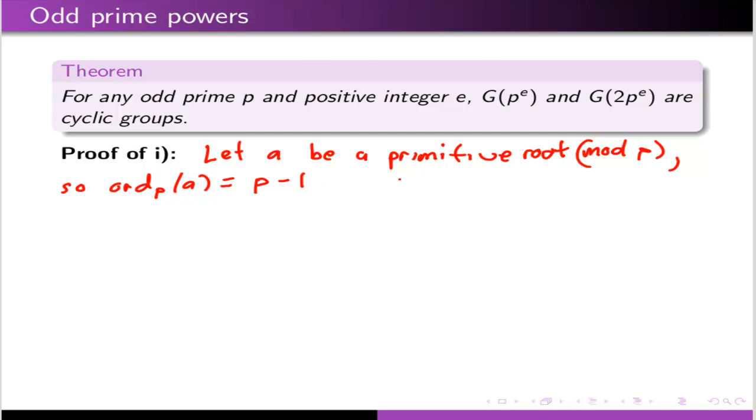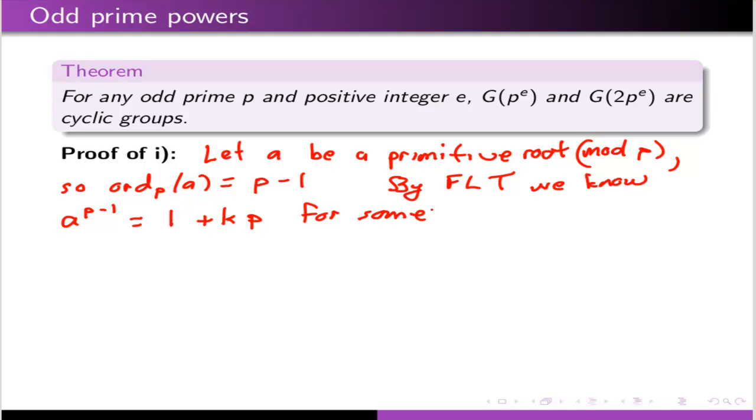So by Fermat's little theorem, we know that a to the p minus 1 is congruent to 1 mod p, so it's of the form 1 plus kp for some integer k. I don't even need to know that the order of a is p minus 1. This would be true for any value a. a to the p minus 1 is of the form 1 plus kp.